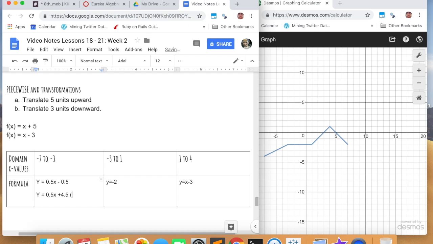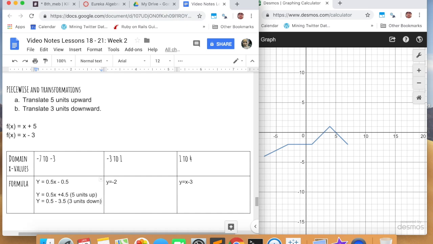And that is the new equation for the transformation. If we wanted to translate this 3 units down, then we have to subtract 3. So our new equation is y equals 0.5x minus 3.5. The original equation had a negative 0.5, so if we're adding a negative 3 to that, that'll give us a negative 3.5, and that'll bring the whole function down 3 units.